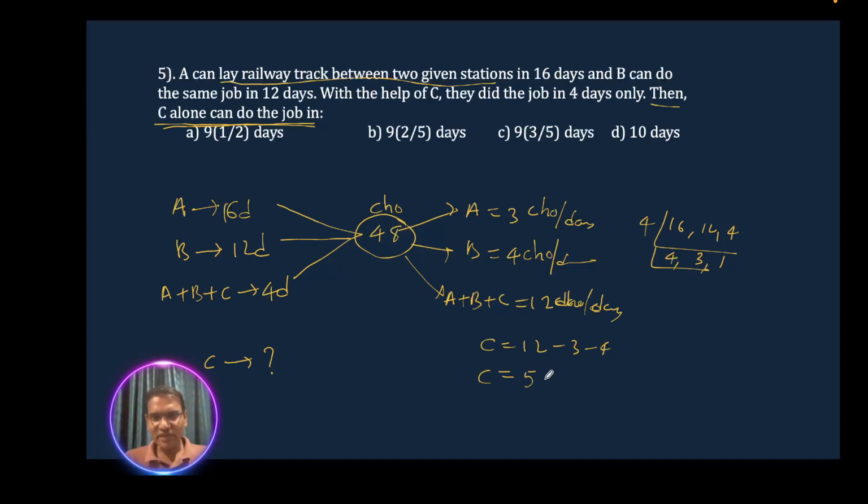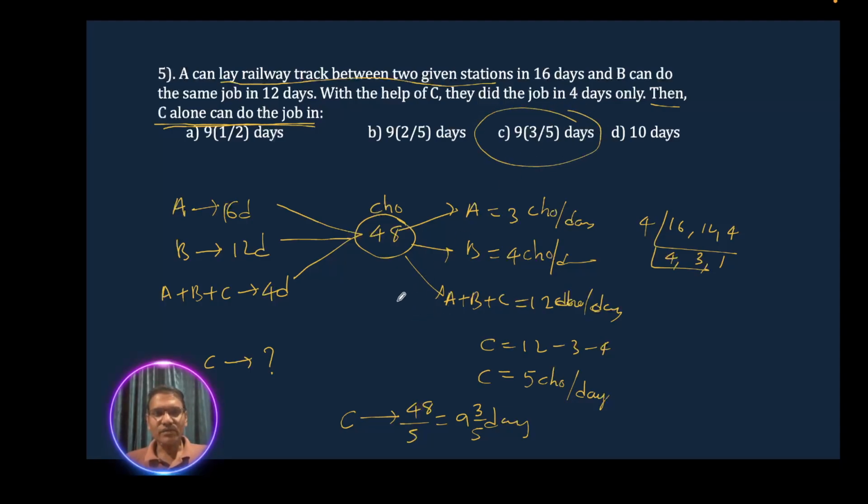C can eat 5 chocolates per day. How many days can C eat the entire chocolates? Simply, 48 chocolates divided by 5 chocolates per day. Now the number of days required is 9 3 by 5 days. Okay, 9 3 by 5 days. Option C is the correct answer.